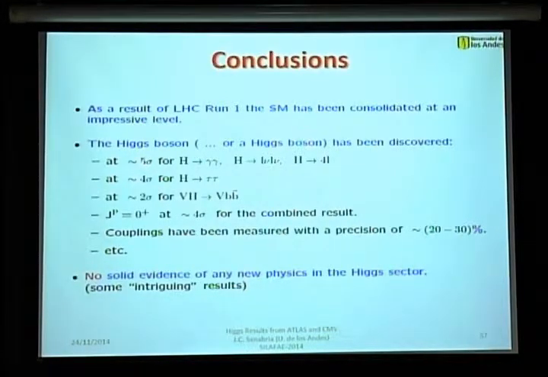Measurements with sensitivities of 5 sigma or more for gamma gamma and leptons, 4 sigma for tau, 2 sigma for b b-bar, and for the combined result of the determination of spin and parity, also a very high sensitivity. Initial measurement and good accuracy of couplings. But again, no solid evidence of any new physics in the Higgs sector, even though there are some intriguing results.